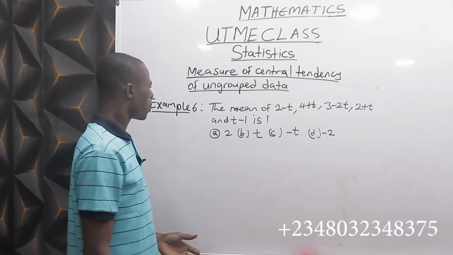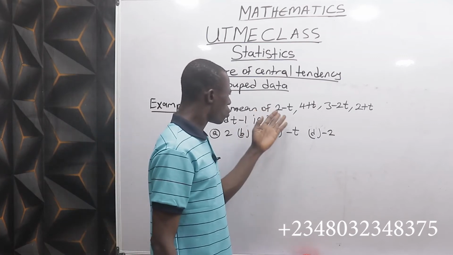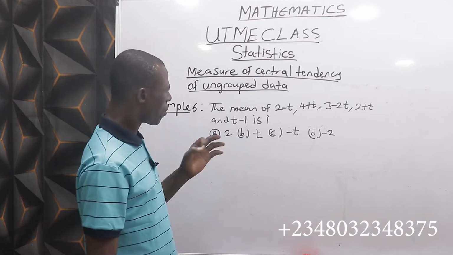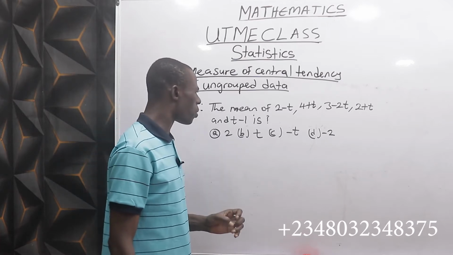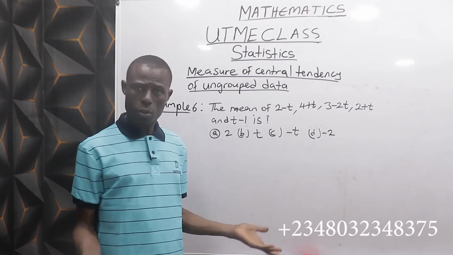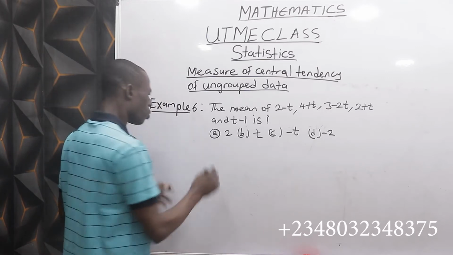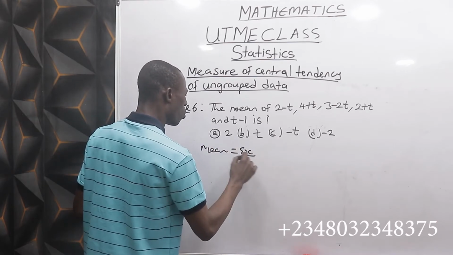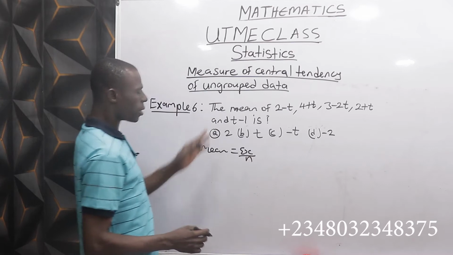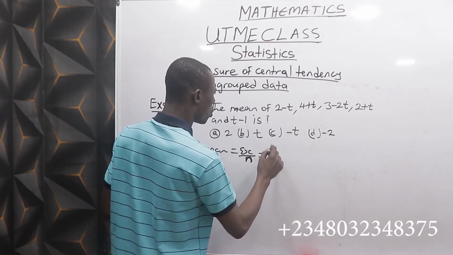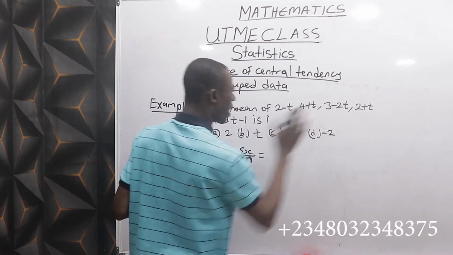Example 6. The mean of 2 minus t, 4 plus t, 3 minus 2t, 2 plus t, and t minus 1 is what? That's the question. So, mean is summation x over n. In this case, because it is non-tabulated, each of these represents an x value.